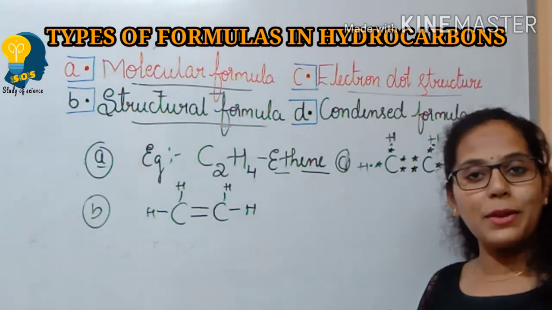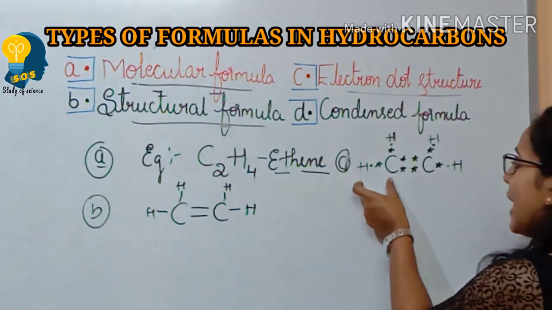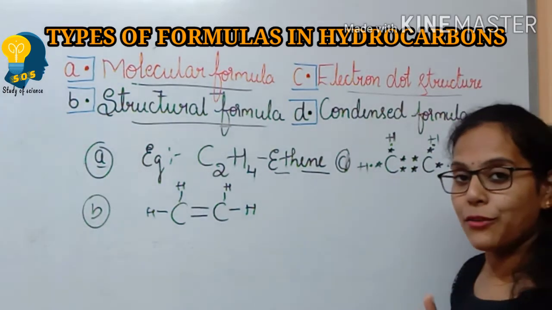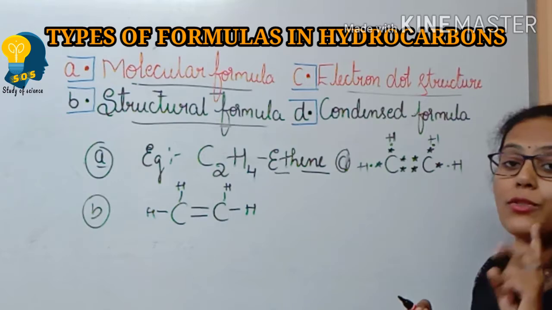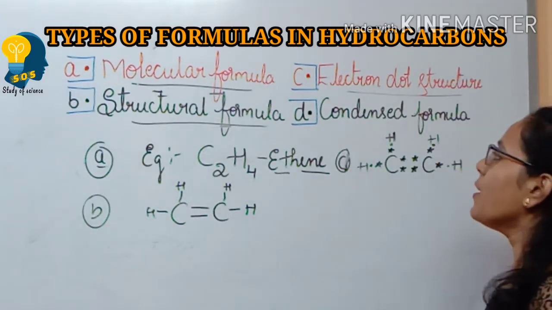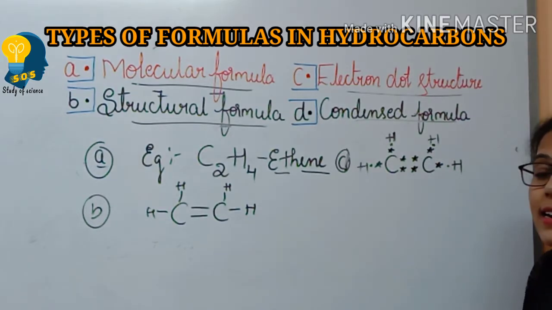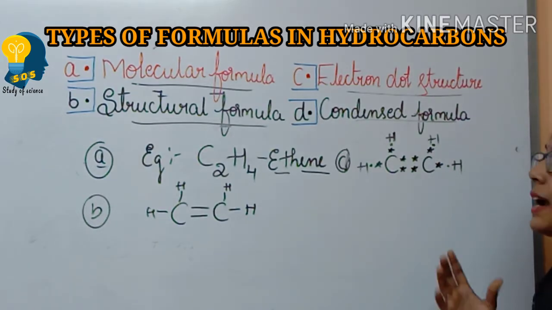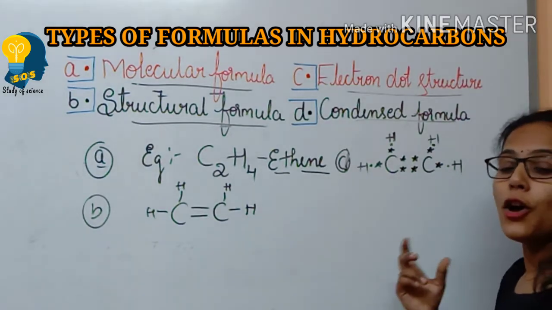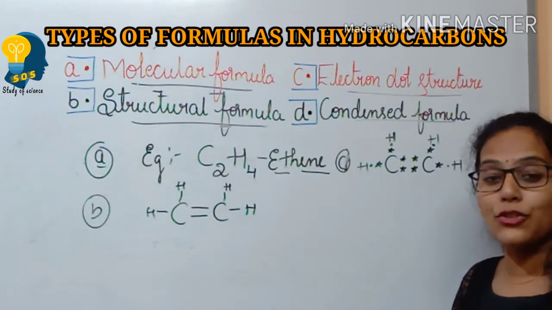I have told you in my previous sessions also, each bond represents 2 electrons. Clear? So now let us move towards the last type of formula, that is the condensed formula. Condensed formula is a short way of writing the structural formula.